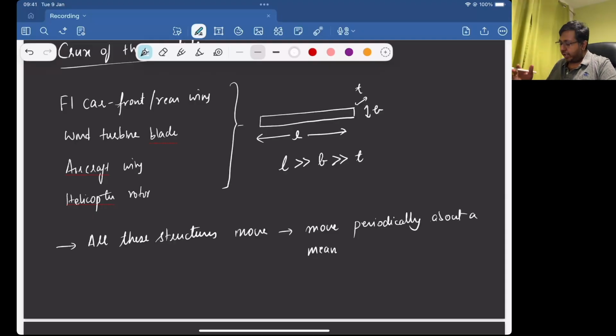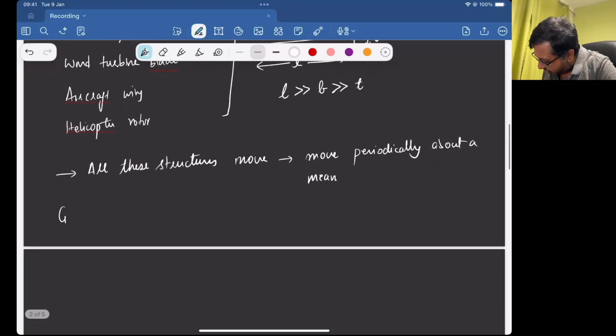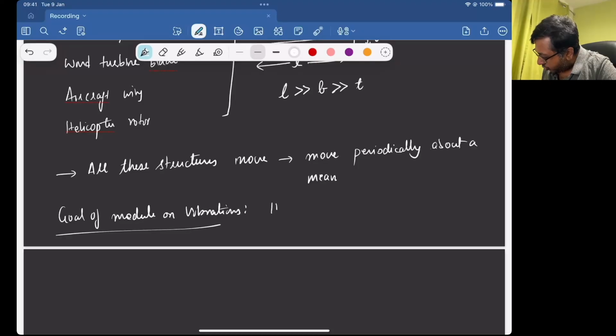Our goal in this entire module on vibrations is how to express this motion mathematically.